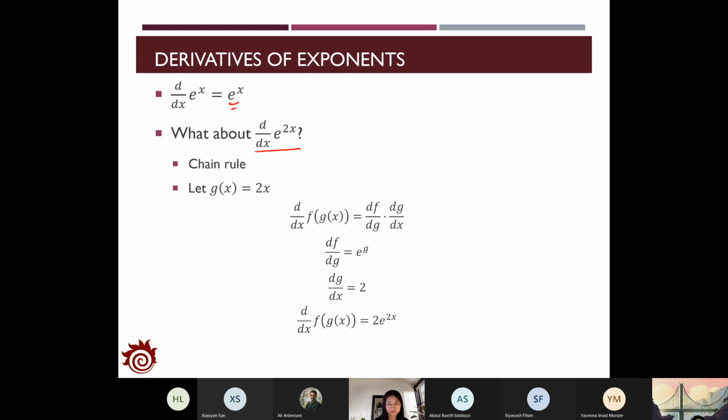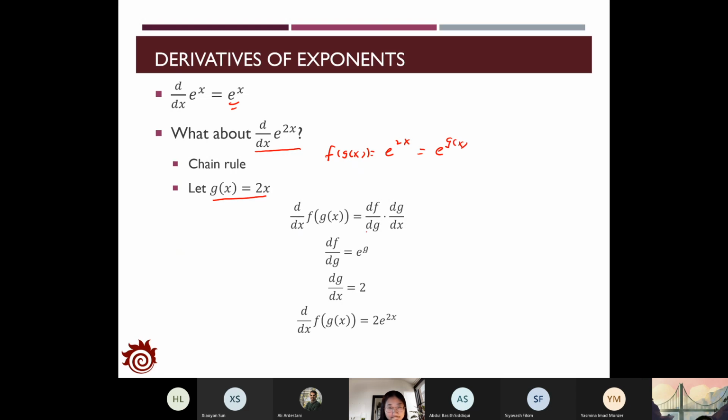To get this value, we need the chain rule. So assuming that g(x) equals 2x, then the function f(g(x)) will be the exponential of 2x, that is the exponential of g(x).